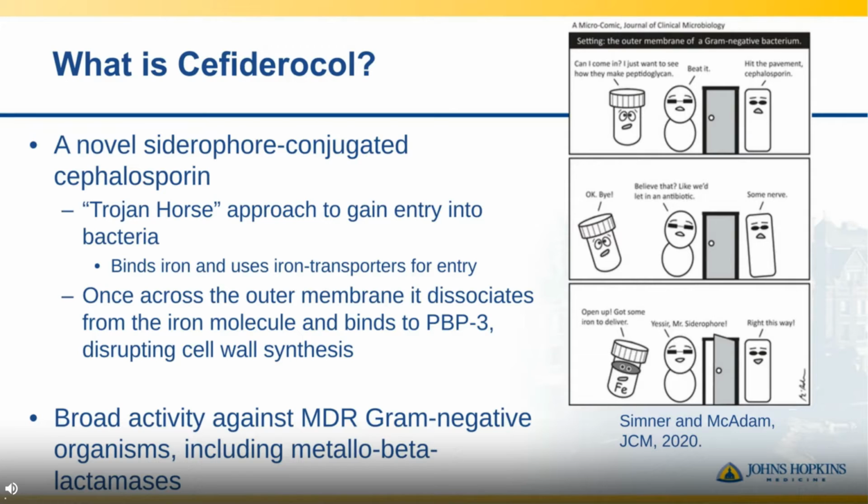Once it's across the outer membrane, it dissociates from the iron molecule and binds its target, PBP3, disrupting cell wall synthesis. The unique thing about cefiderocol is that it has broad activity against multi-drug resistant gram-negative organisms, including metallo-beta-lactamases like our NDM-producing E. coli.